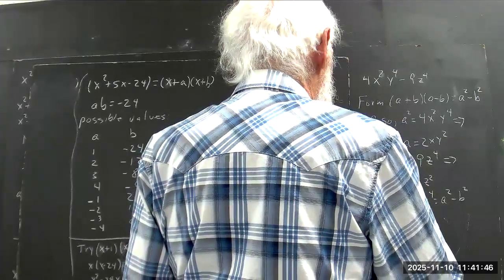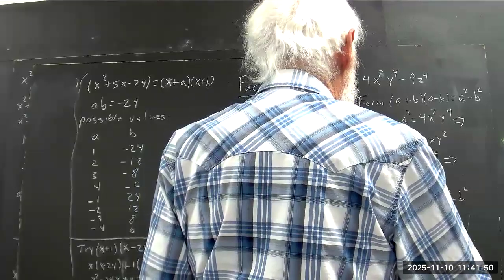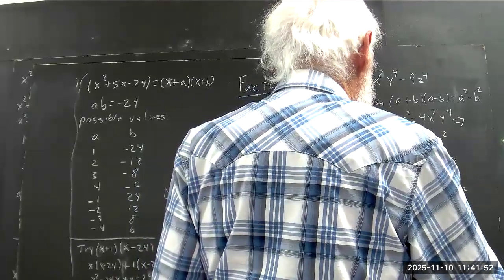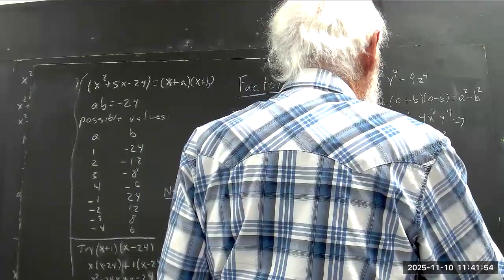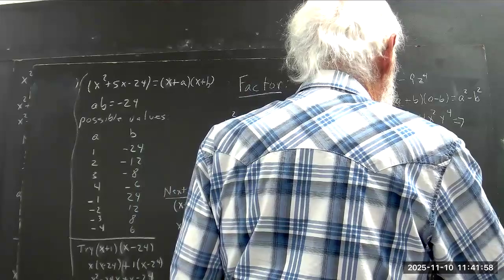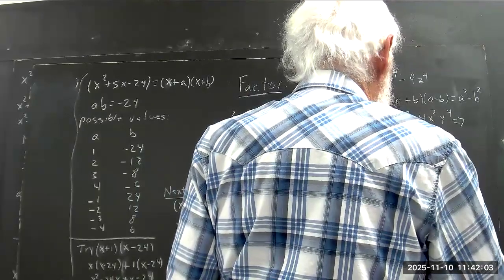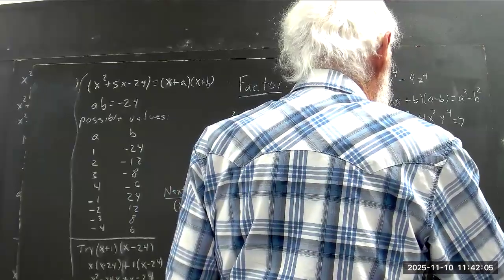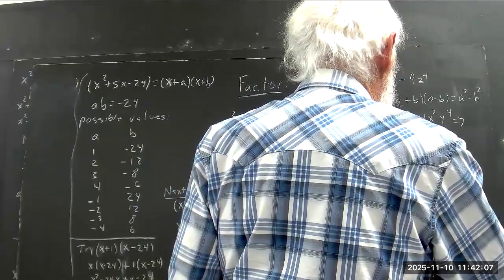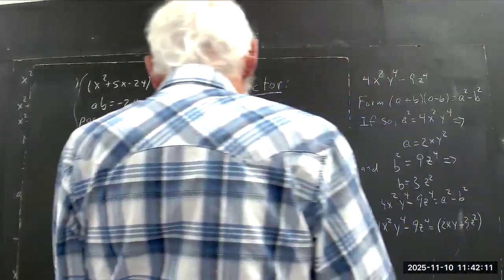So 4x squared y to the fourth minus 9z to the fourth equals... sorry, 2xy squared... I don't have room.